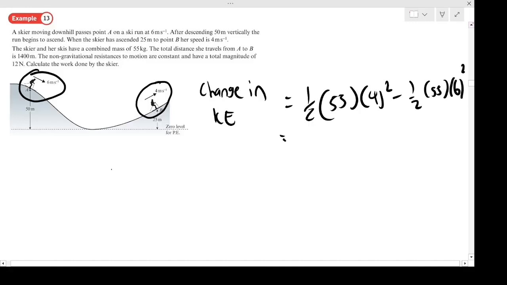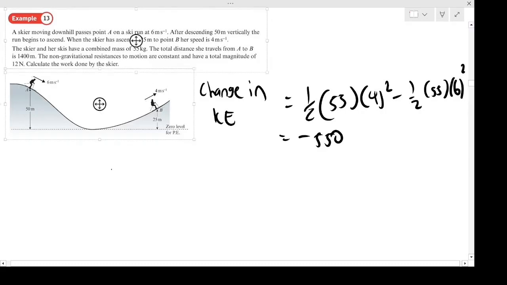That's the initial speed. If we work all that out, we get minus 550. And again, it's a negative change because the energy is lost simply because the speed has gone down from 6 to 4. So loss in kinetic energy there.